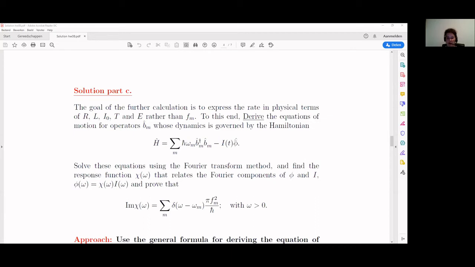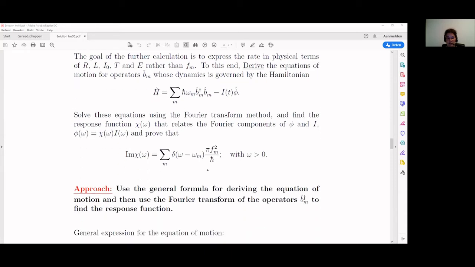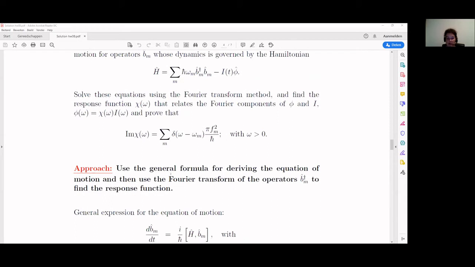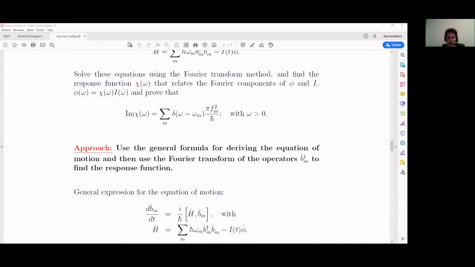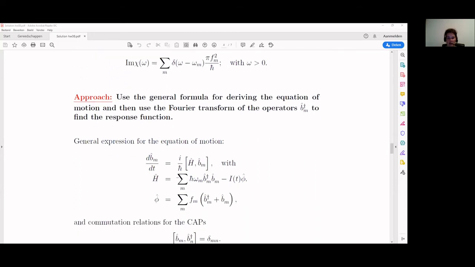So we're going to derive the equations of motion, and then we're going to use a Fourier transform to express them as a function of frequency, omega. The approach is quite straightforward. There was a formula given to derive equations of motion, so we're going to use that formula, and then use the standard Fourier transform on the expressions that we found to calculate this response function, chi of omega. This general equation was given at the end of the problem that you received.